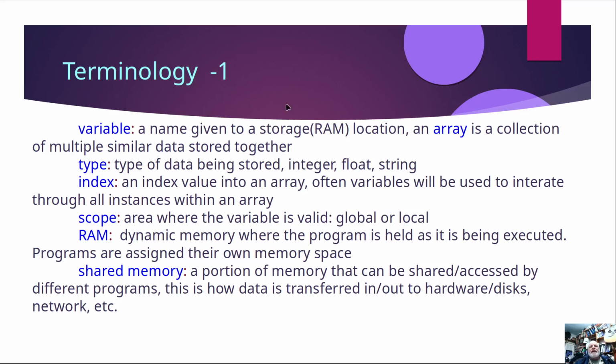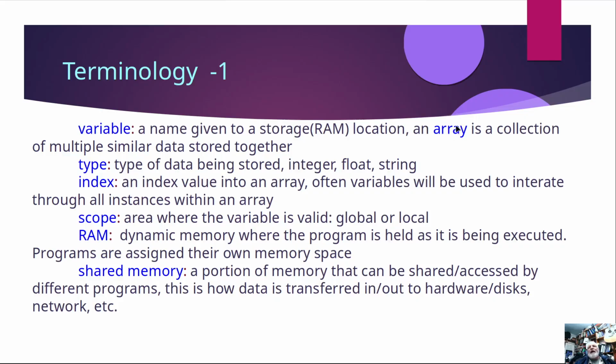All right, inside of our programs, we use a lot of different terminology. The first one we're going to discuss is called a variable. A variable is a value or some sort of information that we're storing in RAM. So in terms of a program, a variable is a memory location.